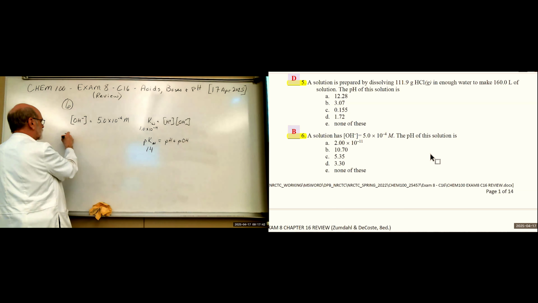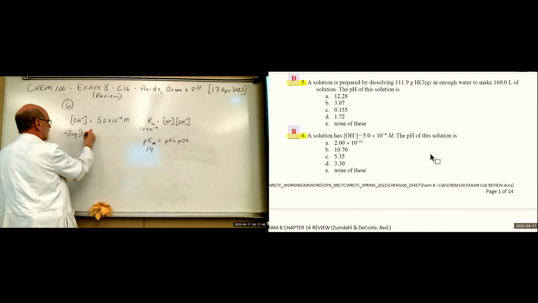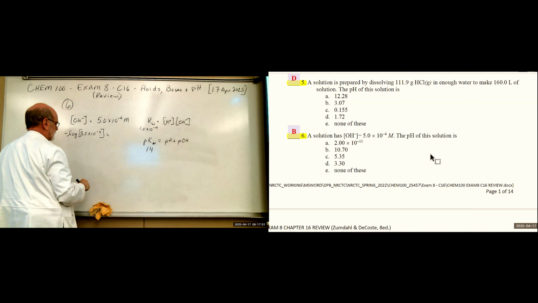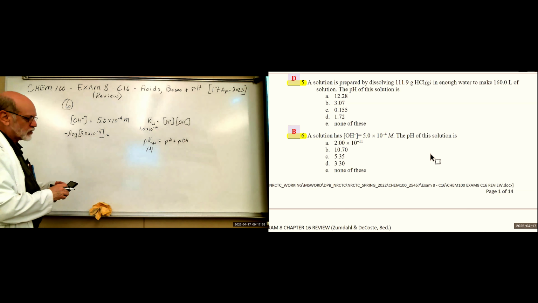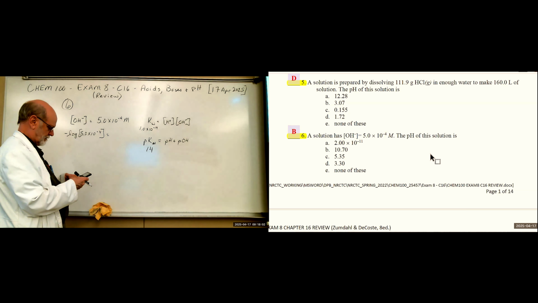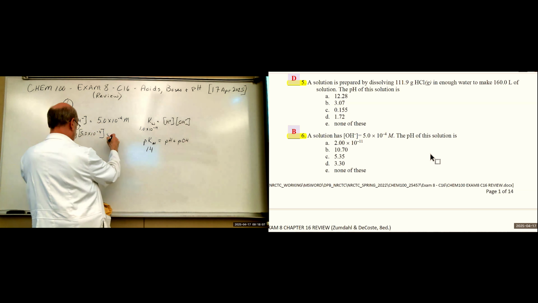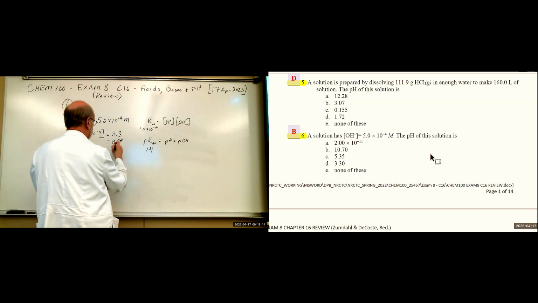So if we take the negative log of 5 times 10 to the minus 4 and find out what the pOH is, which is, let's see, 2 significant figures, 3.3 equals pOH.